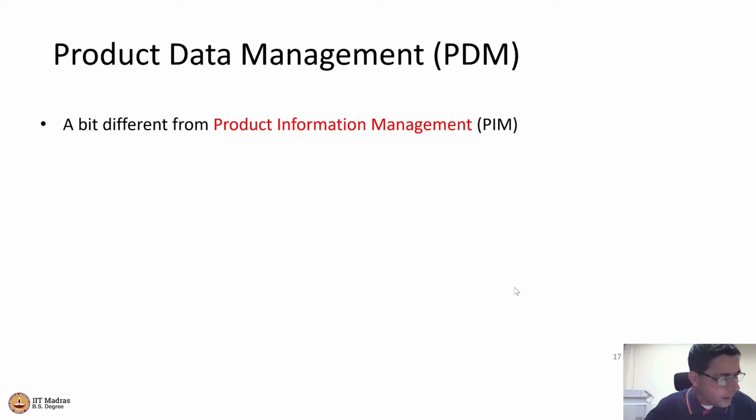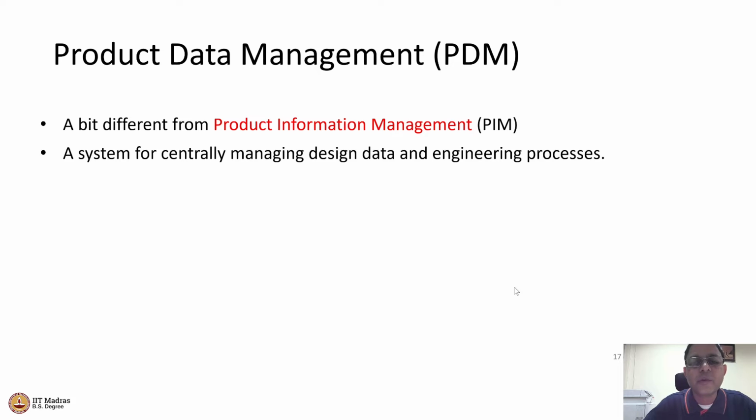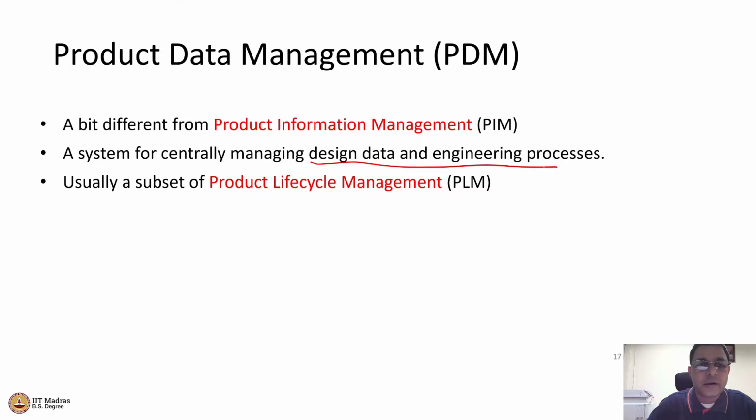Okay. So what is PDM then? PDM is essentially managing and controlling the creation, changing, versioning and archiving of all the technical information related to the product, so centrally managing design data and engineering processes. PDM is a subset of what is called PLM. We'll talk about PLM in the next slide.